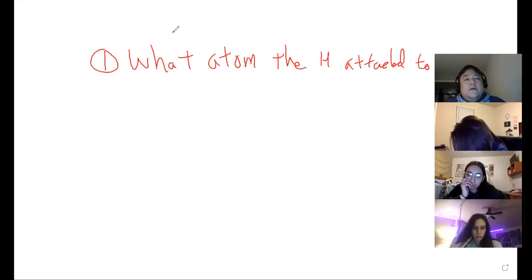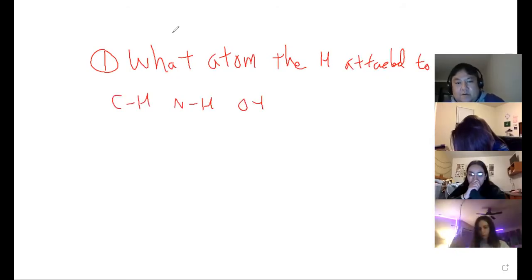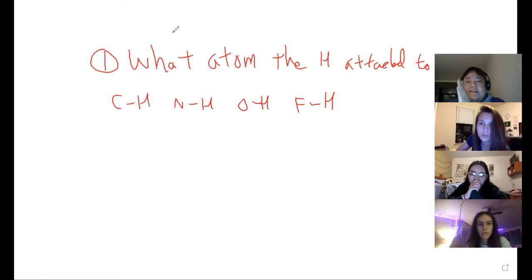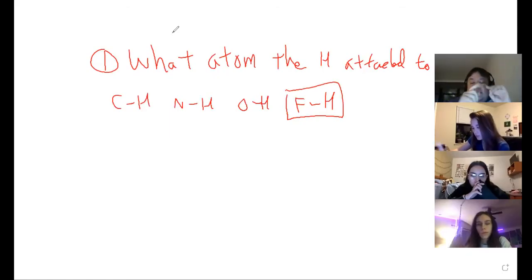If I think about CH, NH, OH, or FH, which one is the most acidic one? I arranged them in a periodic table, and you just said FH. Yeah. If I'm comparing atoms in the same period, left to right, the atom that's furthest to the right is going to be my most acidic one. Okay.